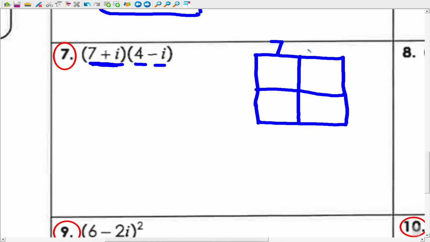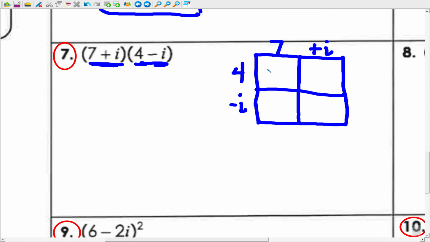So I have 7 plus i across the top, and then I have 4 minus i on the side. Like a Punnett square, you are just going to multiply what you have. When you multiply to get in the Punnett square, you add exponents if you are multiplying i times i.